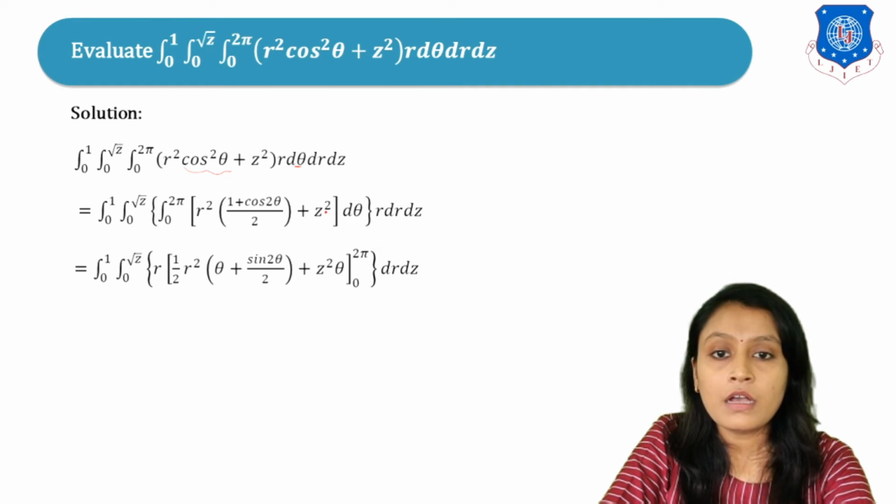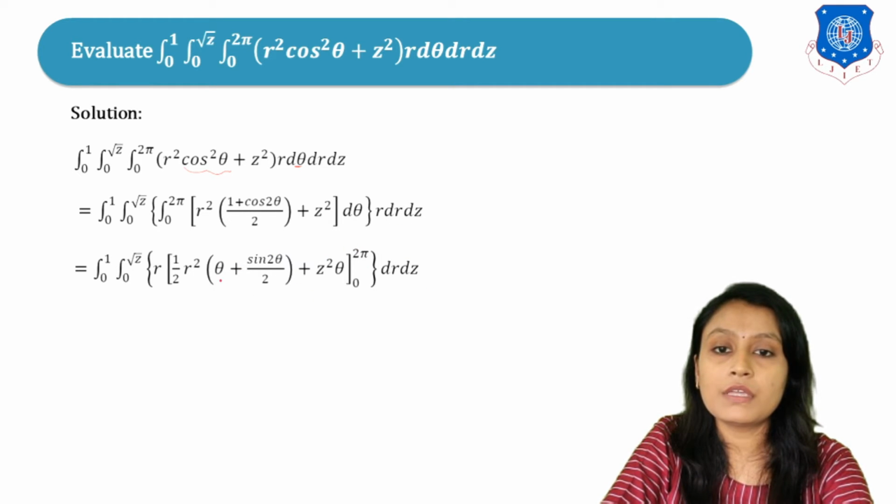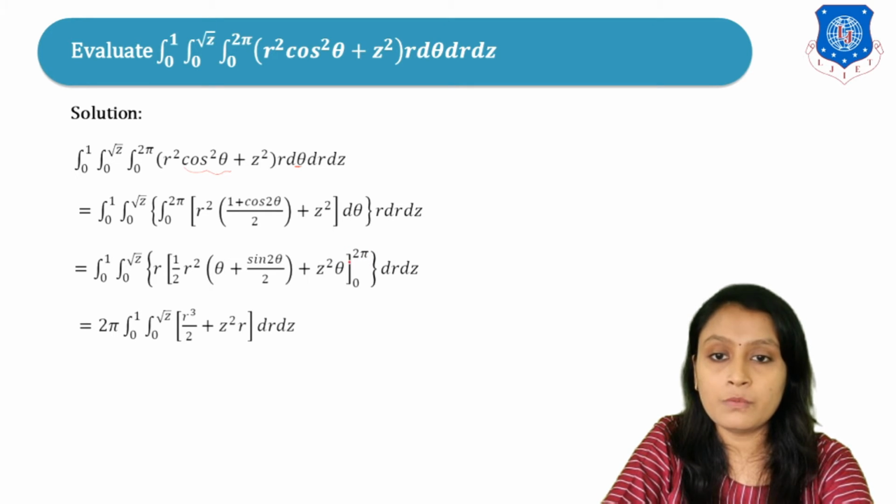Now z square is constant, so z square d theta will give you z square theta, and the limits are 0 to 2 pi. This dr dz as it is. Now we will substitute the limit. So in place of theta we have to substitute 2 pi, right? So here you will get 1 times 2 pi, and here also you will get 2 pi. So this 2 pi we have taken outside here.